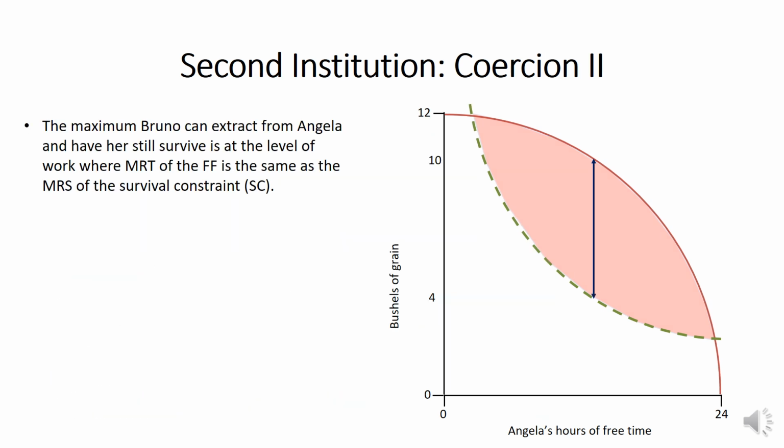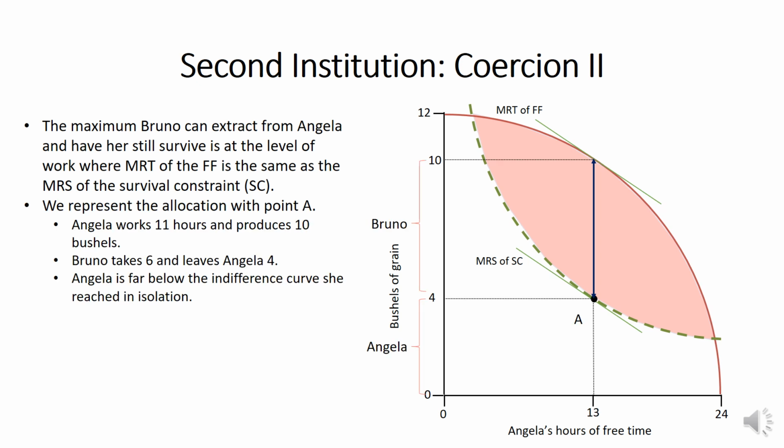As it turns out, the place where he can extract the maximum amount from Angela is where the marginal rate of transformation of the feasible frontier is the same as the marginal rate of substitution of the survival constraint. And I'll show you in a second why that's the case.